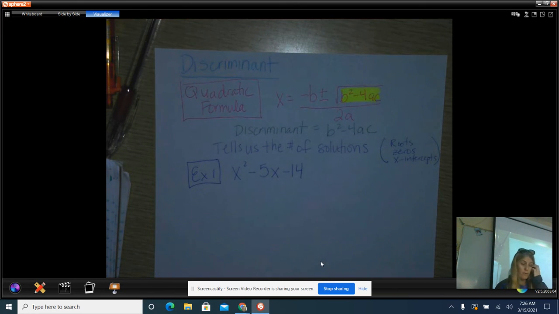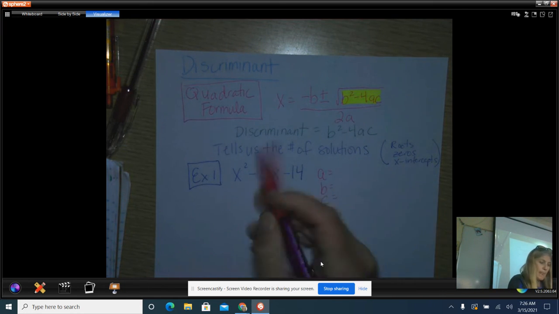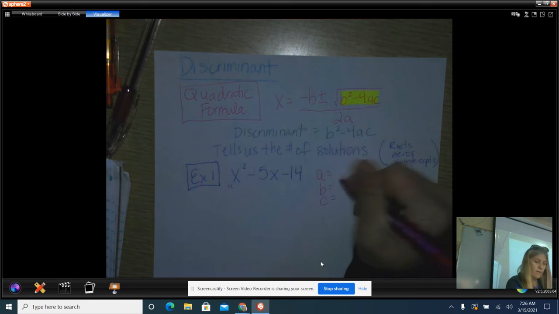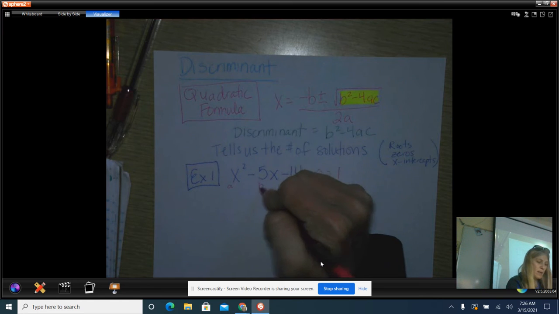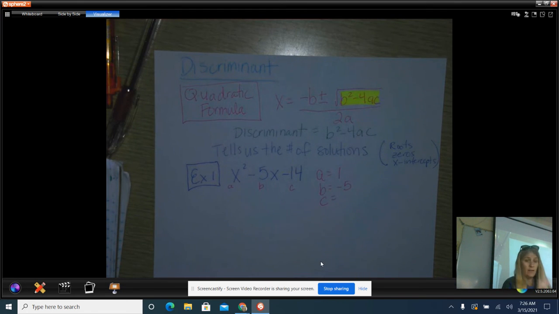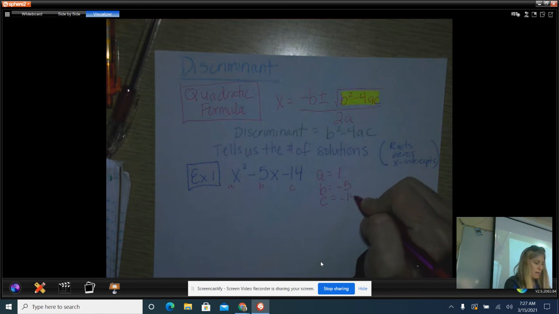Just like in the quadratic formula, we take out our a, our b, and our c. Our a is the coefficient in front of the x squared, so we have our invisible 1. Our b is the coefficient in front of our x, so our b is negative 5. And our c is just our constant, which is our y-intercept, in this case negative 14.